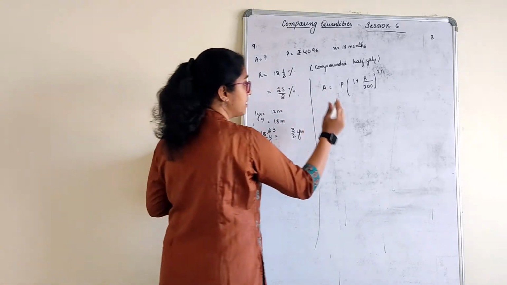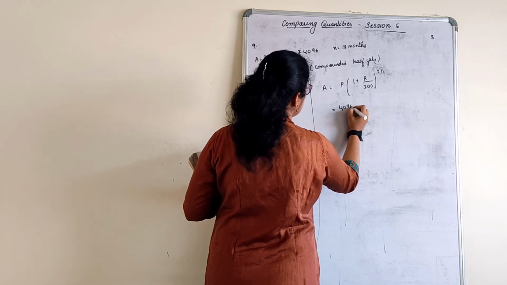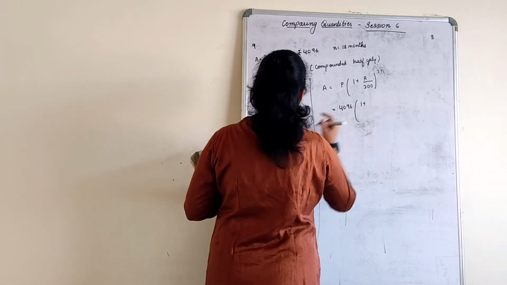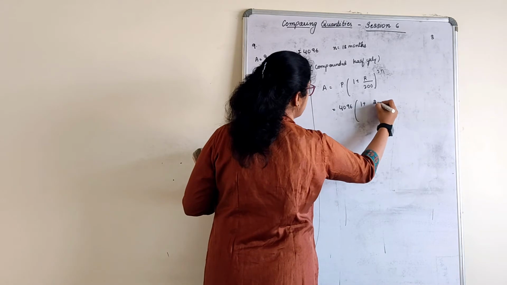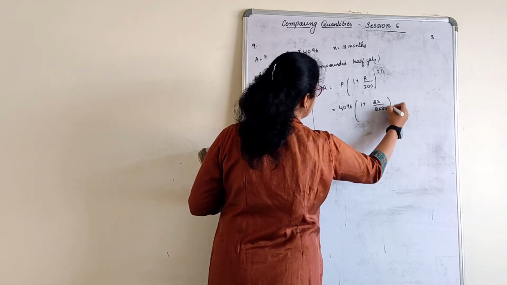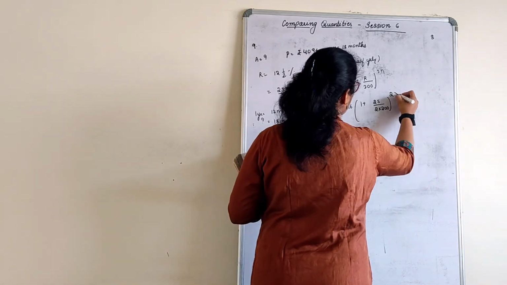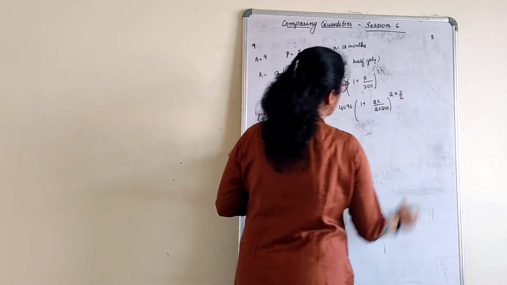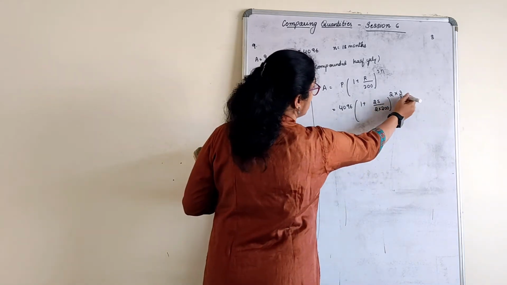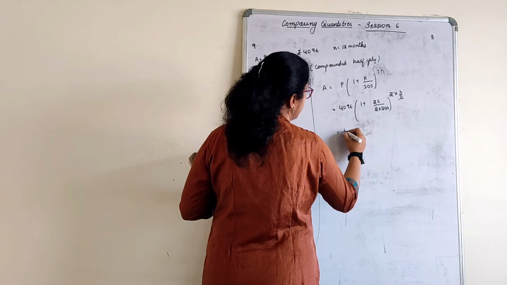So we'll stick with the same thing. Principal is 4,096 into 1 plus rate of interest 25 by 2 into 200 raised to 2 into 3 by 2. Okay, so 2 and 2 will get cancelled here.